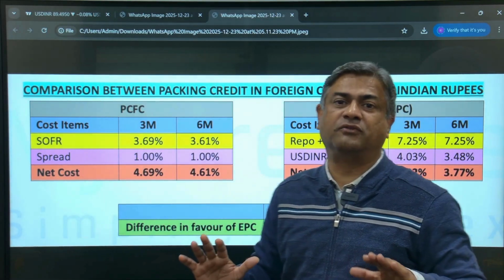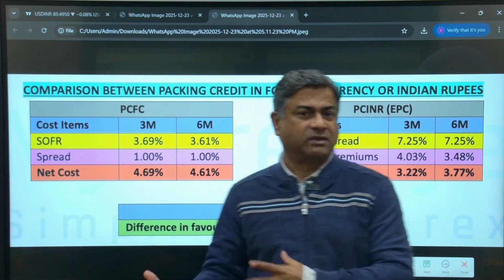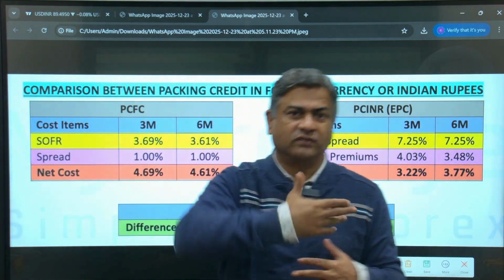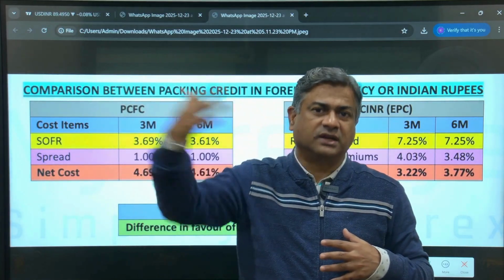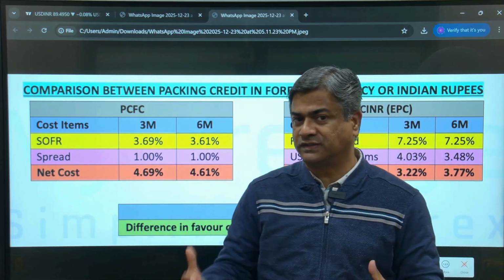Straight interest saving of around 1 to 1.5% if you take packing credit in INR and hedge the repayment of that packing credit with the foreign currency receivable that you are going to get. So that gives you a lot of saving.